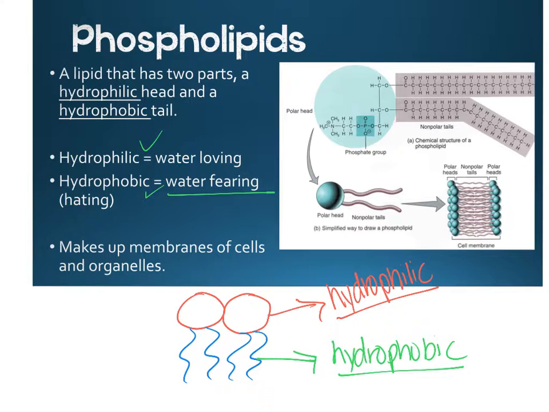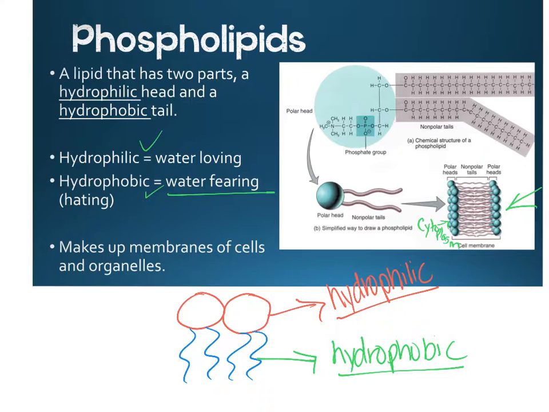And if you have trouble remembering which part is hydrophobic and hydrophilic, you can just imagine that if this here is the membrane of a cell, the cytoplasm is going to be right up against those heads of the phospholipids.